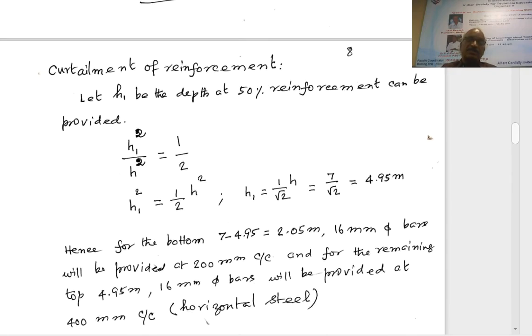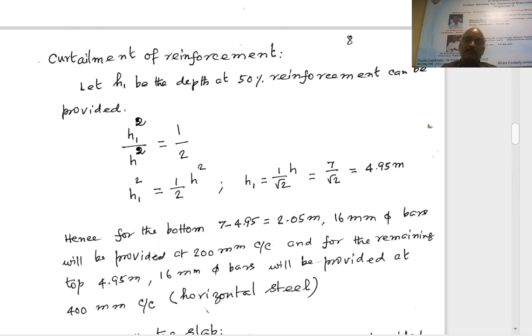Hence for the bottom 2.05 meters, 16 mm diameter bars will be provided at 200 mm center to center, and for the remaining top 4.95 meters, the bars will be provided at 400 mm center to center, double the spacing. So that we will have to mark in the cross section also.